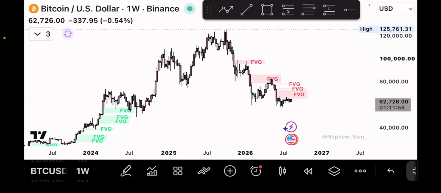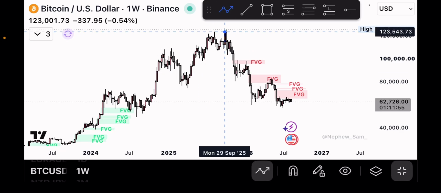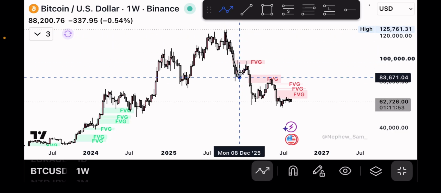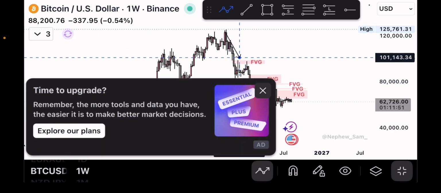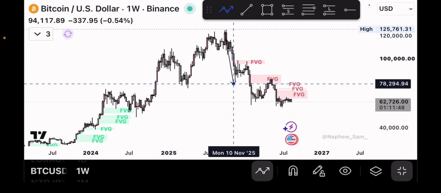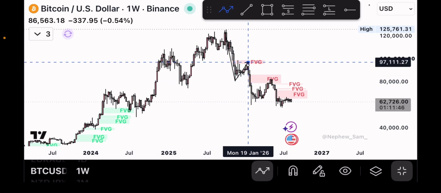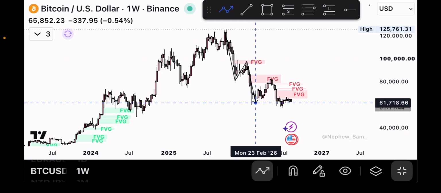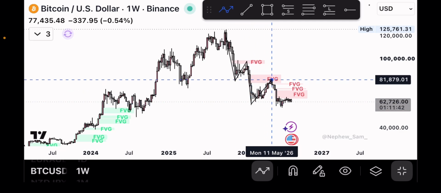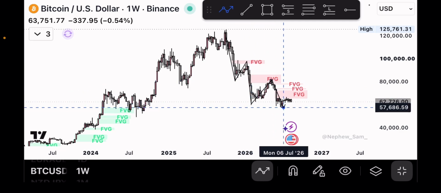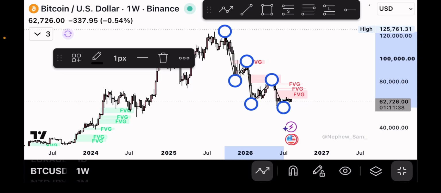As you can see, price has been selling for a very long time. It created that high, created the next low. So swing high, swing low, swing high, swing low. So market at swing low. So market has been bearish for a long time.